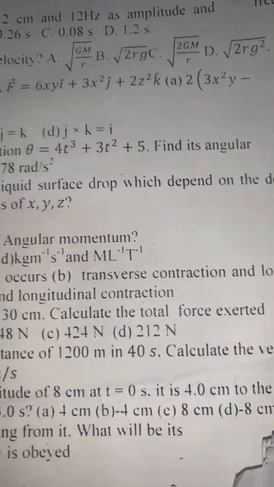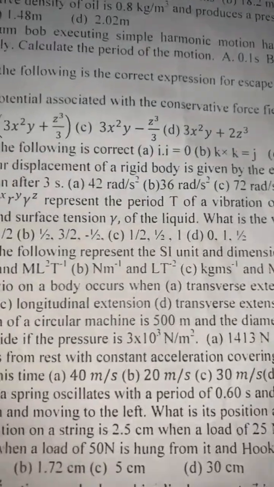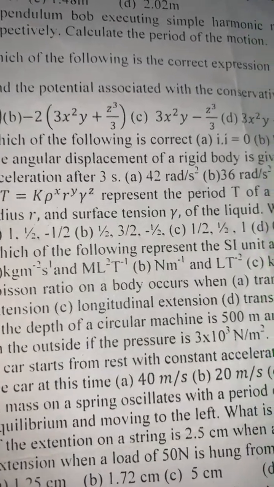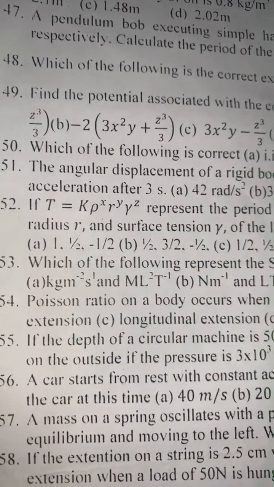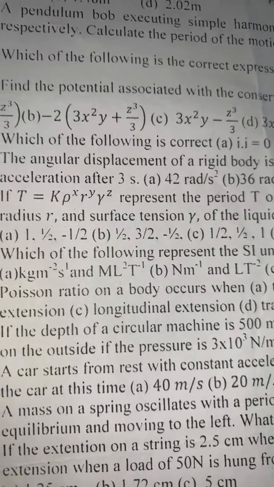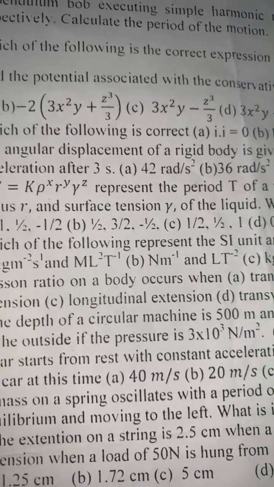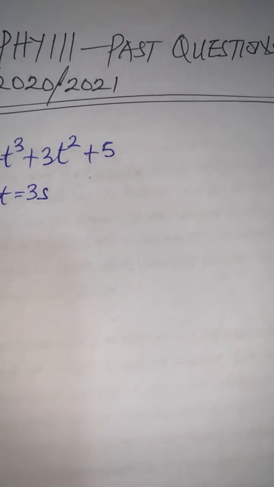All right, find its angular acceleration. So you have to look for angular acceleration after 3 seconds. That's interesting, right? So these are the basic stuff I jotted down from the equation.